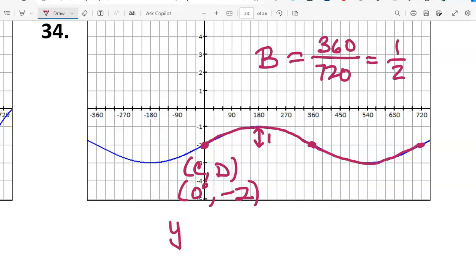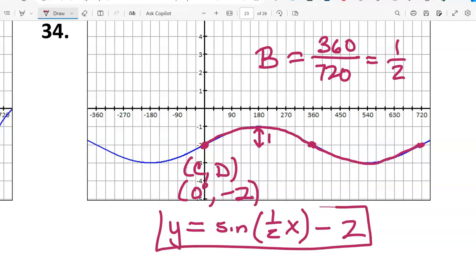So rewriting the function, y is equal to 1 times, so we don't need to write that, sine of 1/2 times x, and x has 0 subtracted from it, minus 2. So there's one equation that we could write.